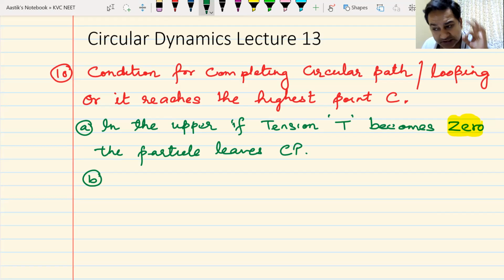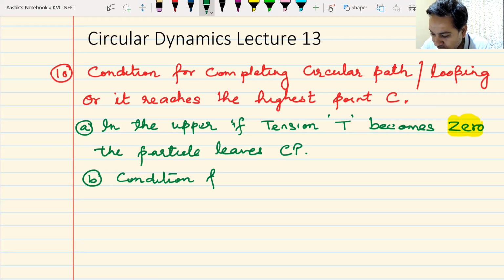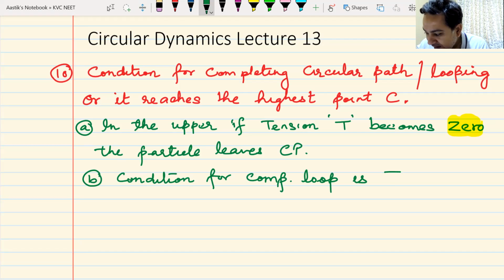Therefore, the condition for completing the loop is that tension at the highest point, which is point C, should be greater than or, in the worst case, equal to 0.